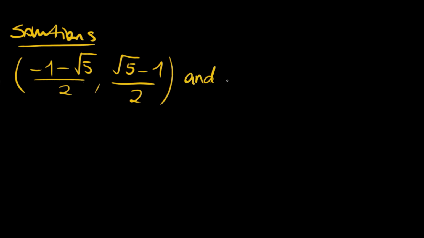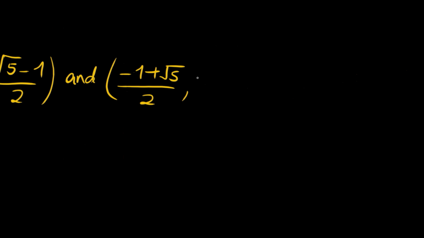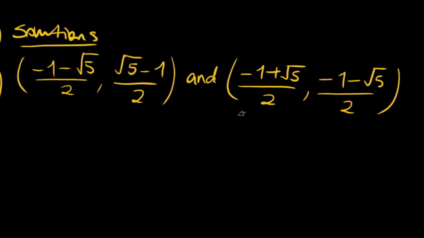And the second case was x equal to negative 1 plus the square root of 5 divided by 2, and y was negative 1 minus the square root of 5 divided by 2. Okay, my friends, we finished our solution.